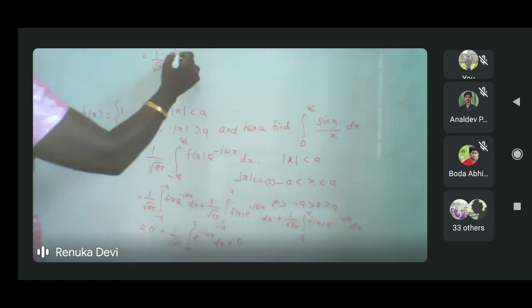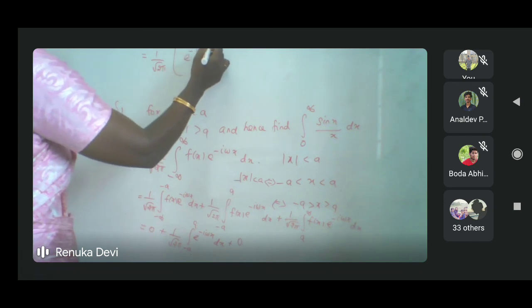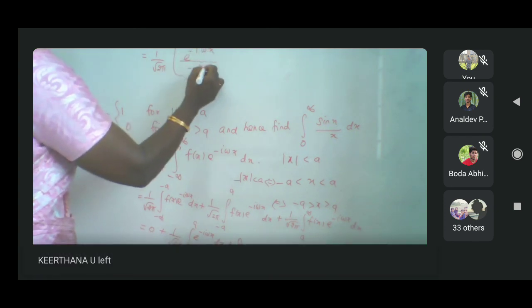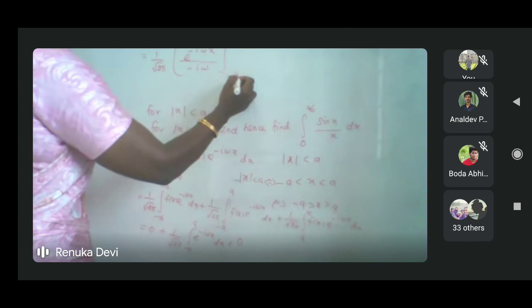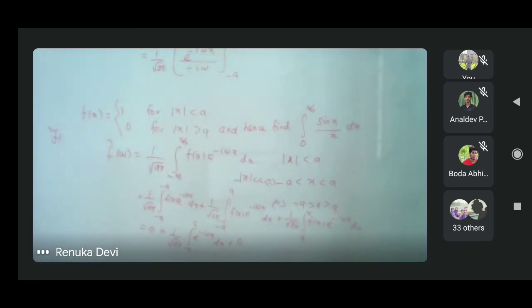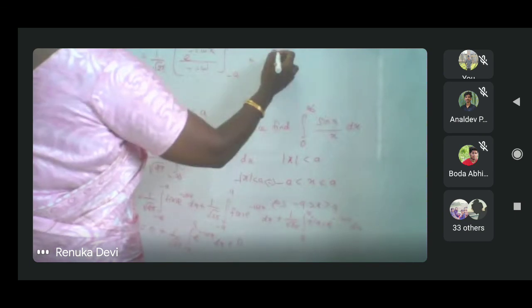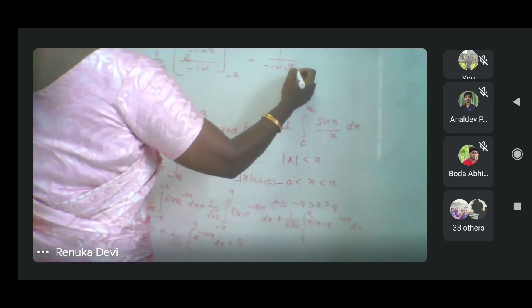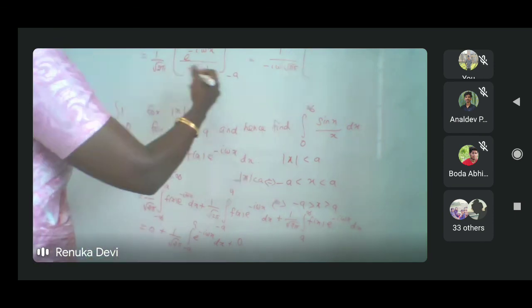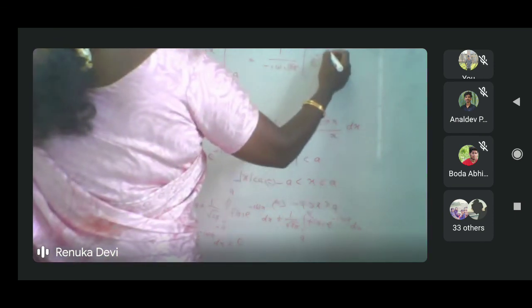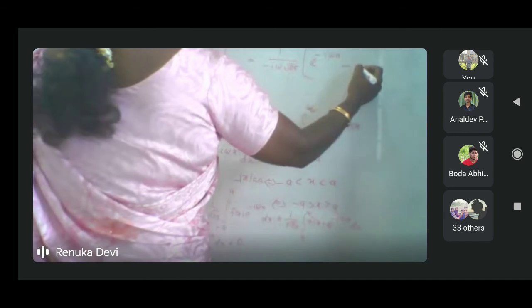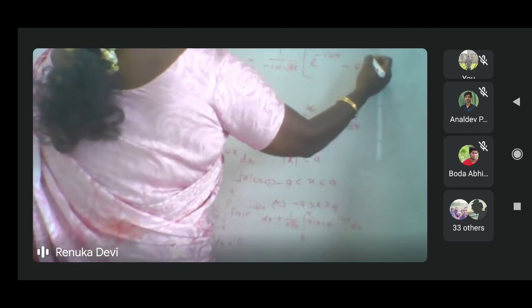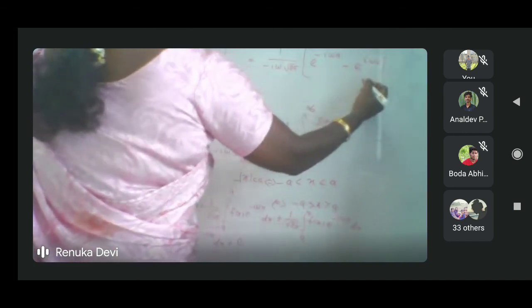That is e raised to minus i w x by minus i w, from minus a to plus a. Taking the upper limit and the lower limit, this is 1 by minus i w root 2 pi into e raised to minus i w a minus e raised to i w a.